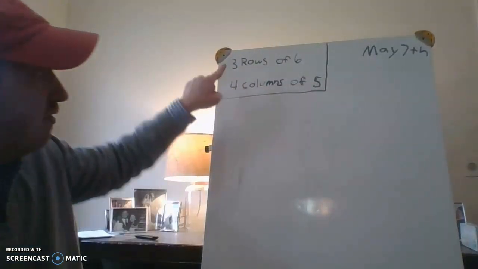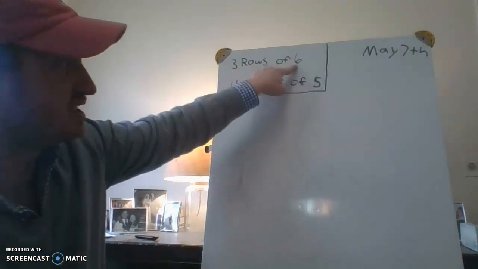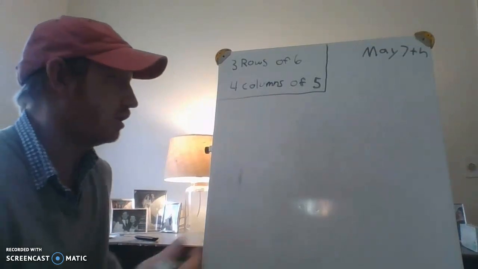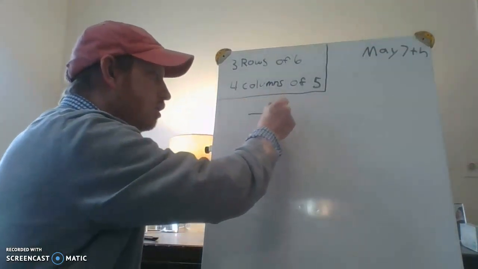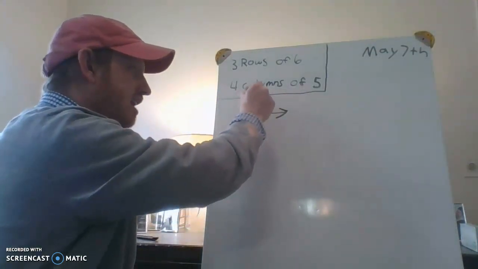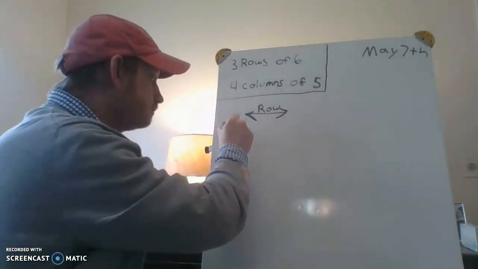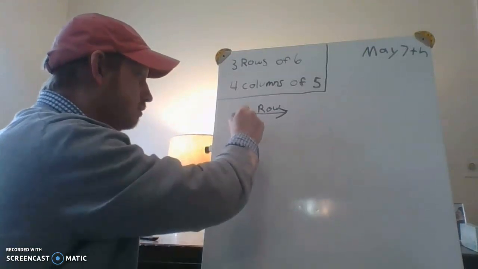So we have 3 rows of 6. Remember, a row is side to side, and a column is up and down.